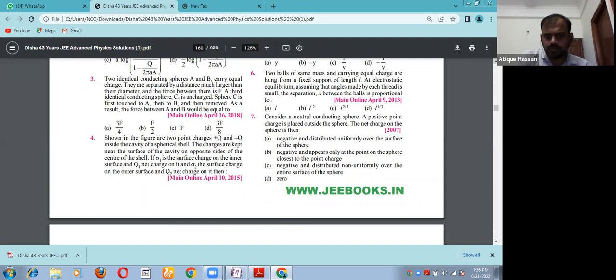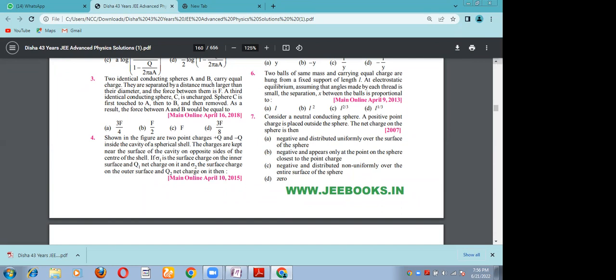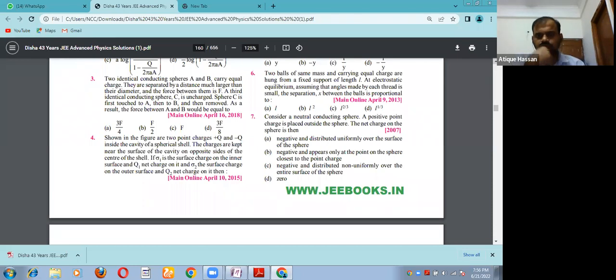A positive point charge is placed outside the sphere. The net charge on the sphere. This is based on the induction of charge. The net charge on the sphere is negative and distributed uniformly.